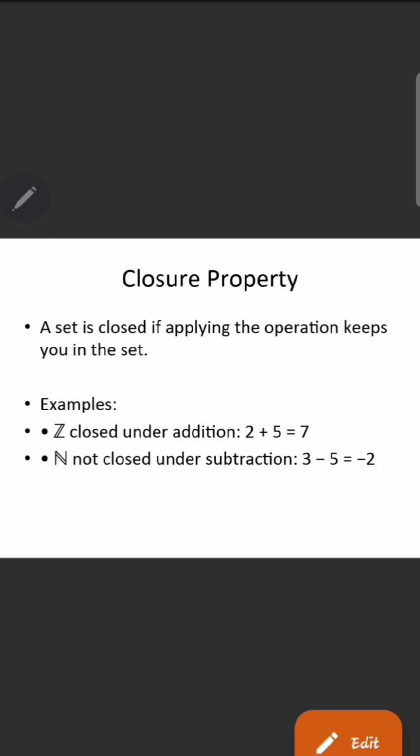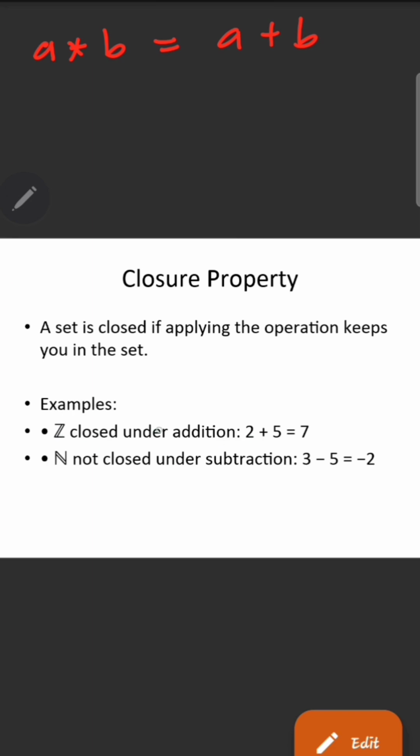When you have A operation B equals A plus B, and you are given two numbers like this. Look at this example.